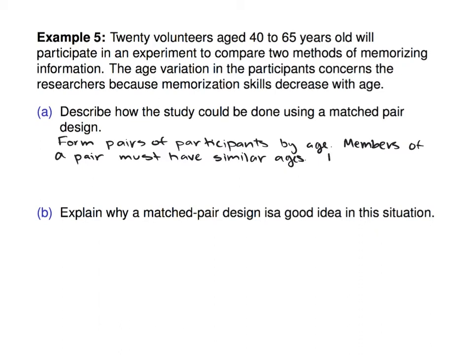And then within your pairs, randomly decide, assign someone to each of those methods. So now randomly assign each member of a pair to use a different method.